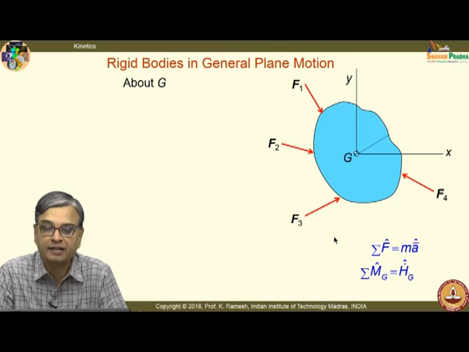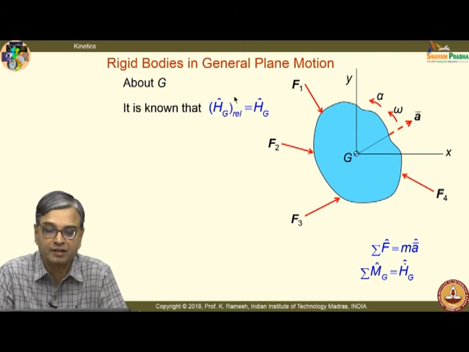Let me also represent the accelerations and rotation of this, okay, and take an arbitrary point. We have the identity Hg rel equal to Hg. I am going to use this.